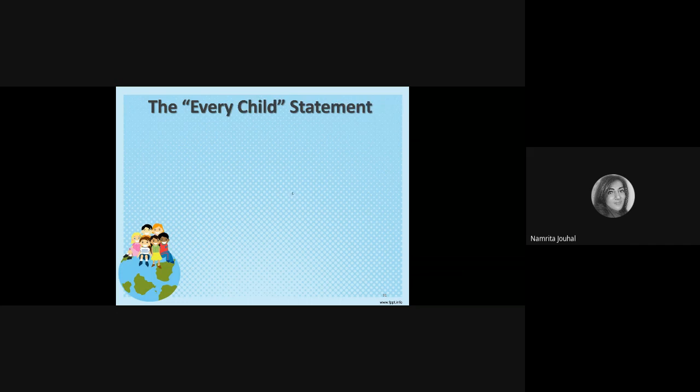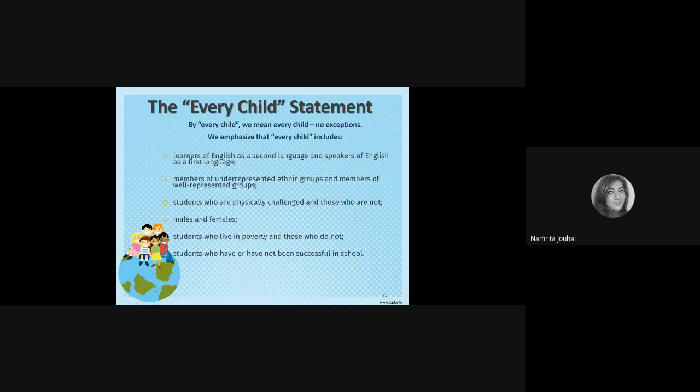Every child matters. This statement is seen everywhere in the education system. What we mean by that is we emphasize that every child should be included. So, to sum all this up, in the school, learners of English as a second language and speakers of English as a first language should merge together.